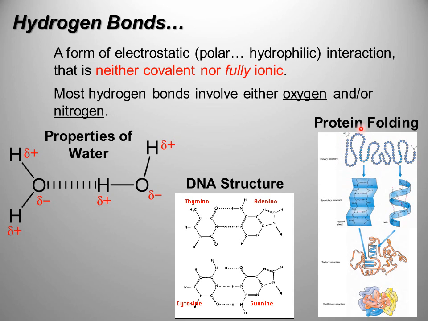Primary structure is the chain of amino acids, and then when you begin folding it in what's called secondary structure, either a helical situation or a sheet, if you will, that's primarily mediated by hydrogen bonds, and that's what makes them extremely important.